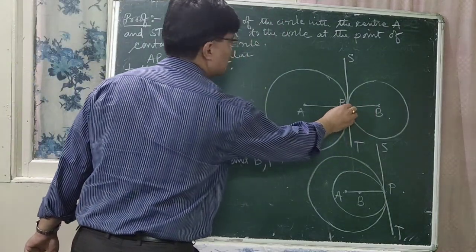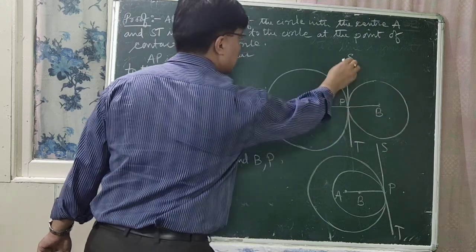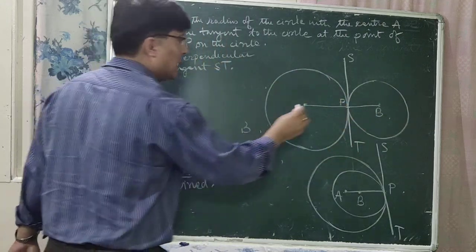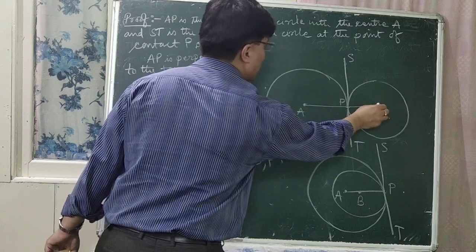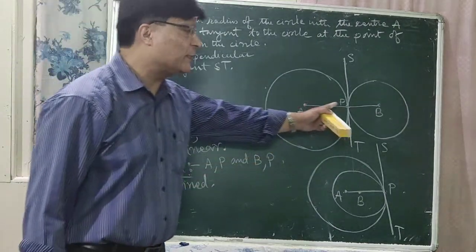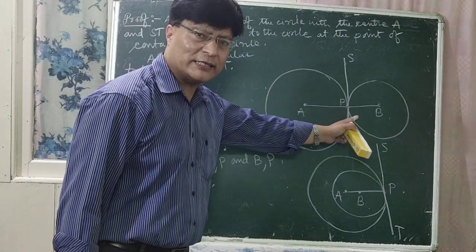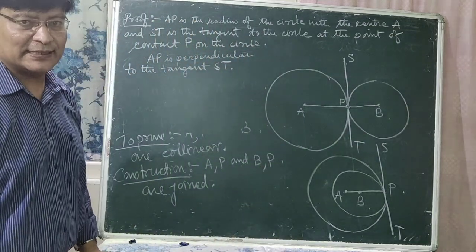BP is the radius of the circle with the center B, and ST is the tangent to the circle at the point of contact P on the circle. So what can you write here? BP is perpendicular to the tangent ST, right?